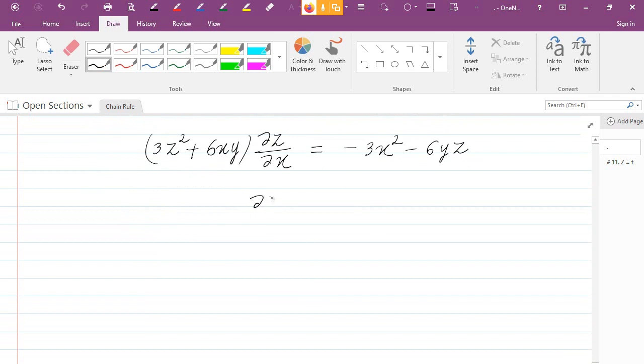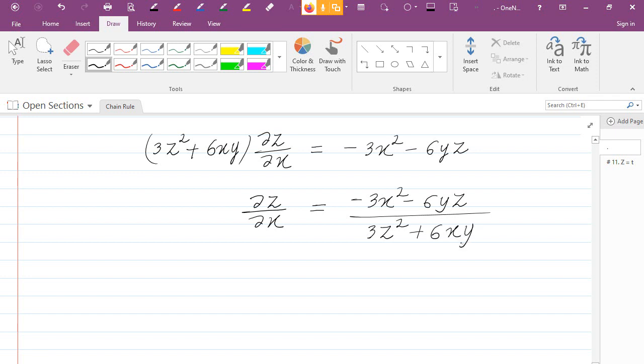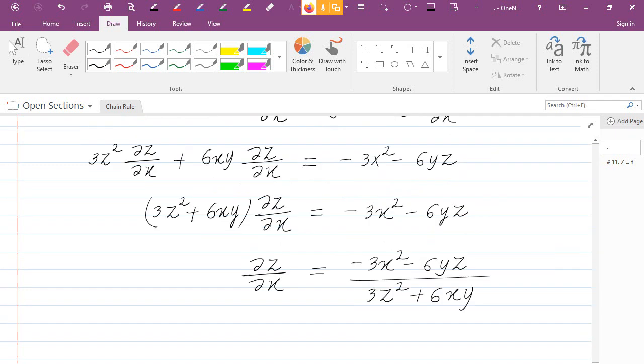So the partial of z with respect to x is equal to negative 3x squared minus 6yz divided by 3z squared plus 6xy. Okay, so that's the partial derivative of z with respect to x.